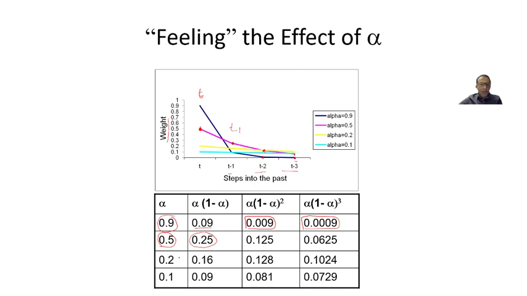And if you carry on decreasing alpha, as you can see, you are giving more and more weight to previous observations. When you give 0.1 to alpha, the blue line is almost flat.